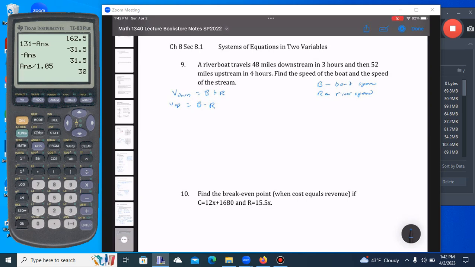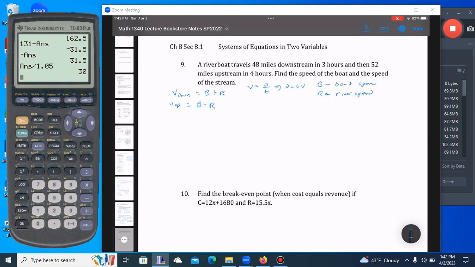Okay. Now, when it comes to your velocity, it is distance over time. Okay. And we have time 3 hours for going downstream, 4 hours for going upstream. So the way we look at this, if we actually multiply the t over, your distance is your time times your velocity.